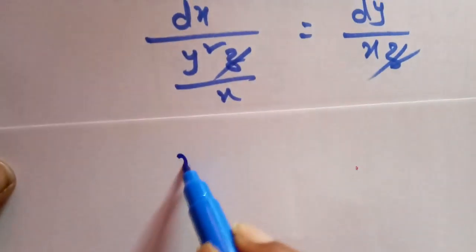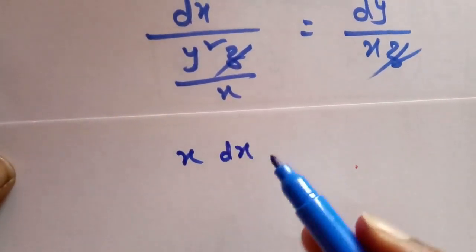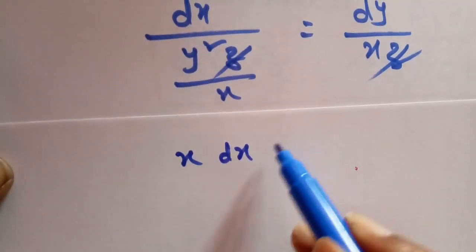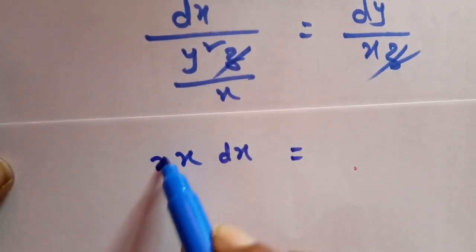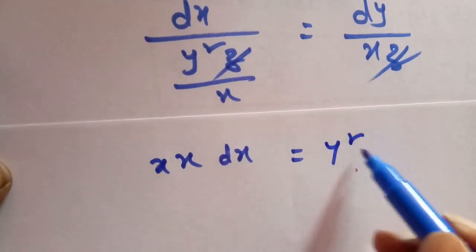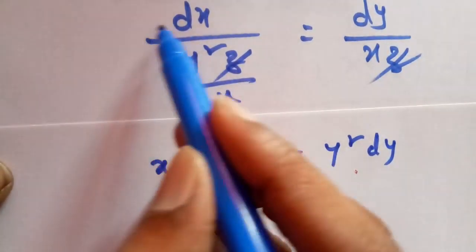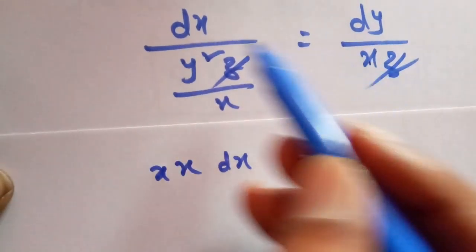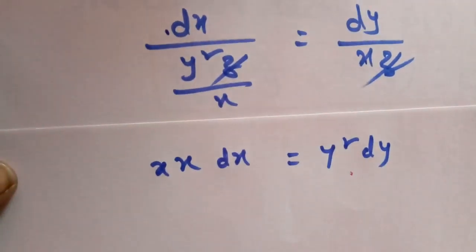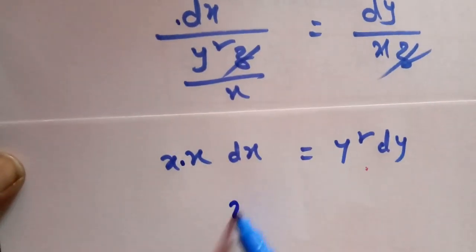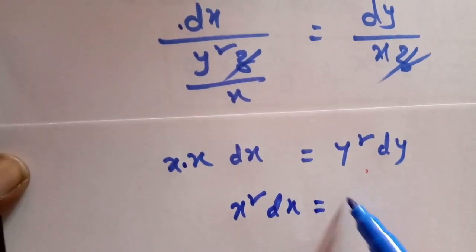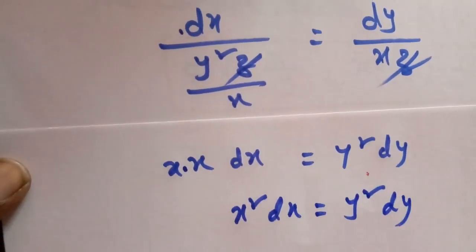So by cross multiplication, this is x into dx, again here x into y square into dy. So here y square by x can be written as x into dx. Again by cross multiplication, x into x. Therefore that is x square dx is equal to y square dy.